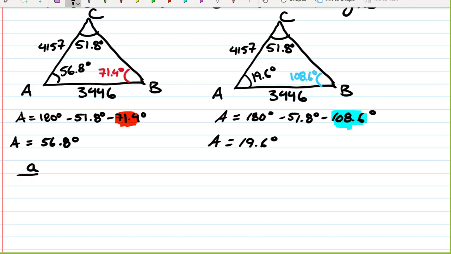So we're going to have A over the sine of 56.8 degrees is equal to C, which is 3,446, over the sine of C, which is 51.8 degrees.